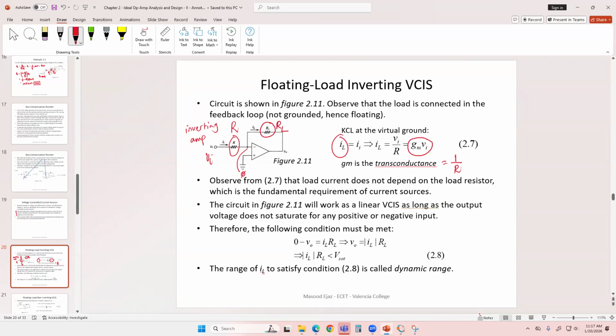And that value we can get from this equation: as long as the magnitude of the load current times the load resistance is less than V saturation, this circuit is going to act as a floating load inverting VCIS. And the range of load current that satisfies this condition is called the dynamic range of the circuit.